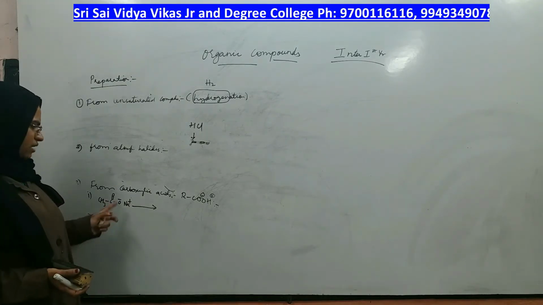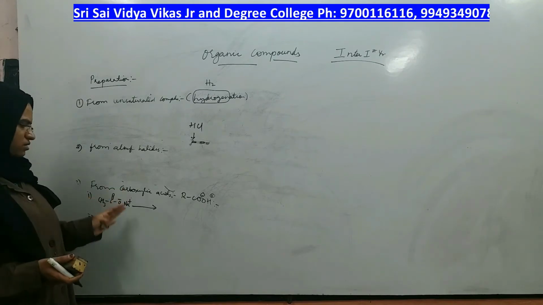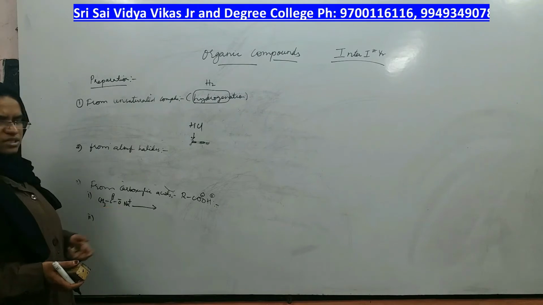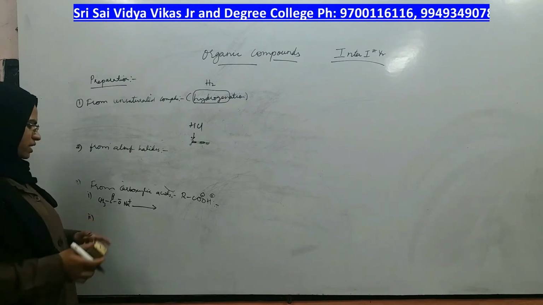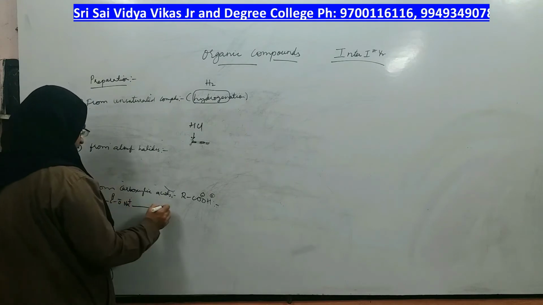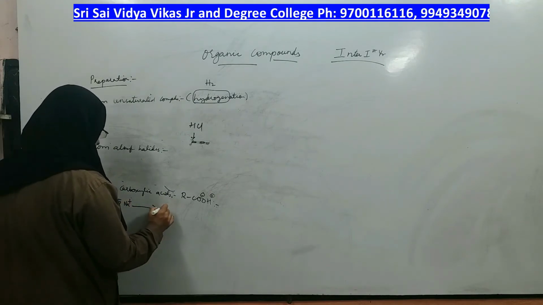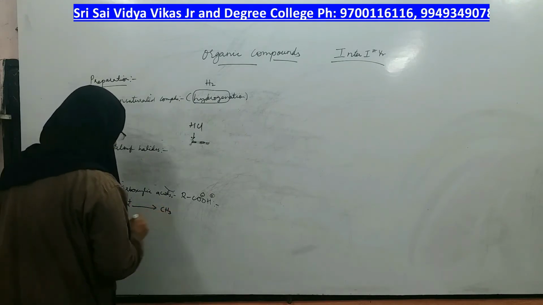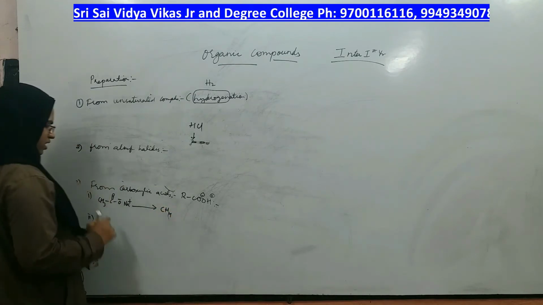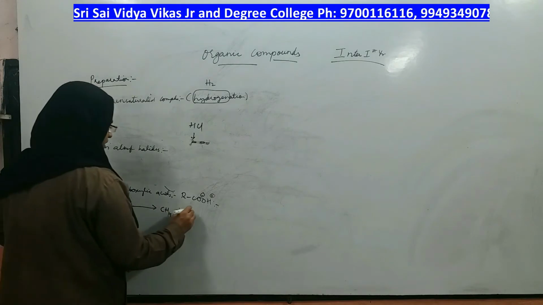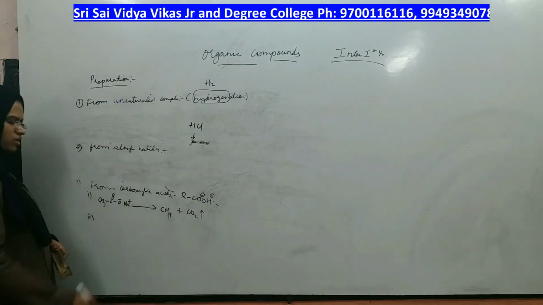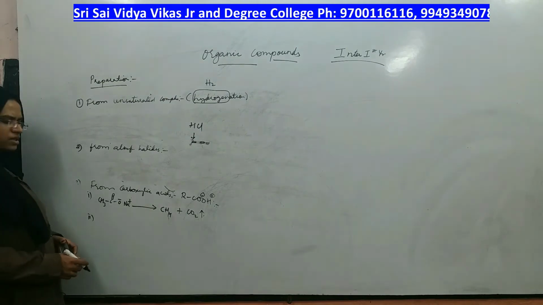Acetic acid, a carboxylic acid, cannot react very easily, therefore we are taking the salt of the carboxylic acid, which is sodium acetate. If it reacts, what happens is CH4 will form, methane will form, and carbon dioxide will be liberated.